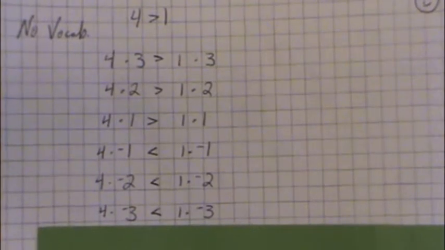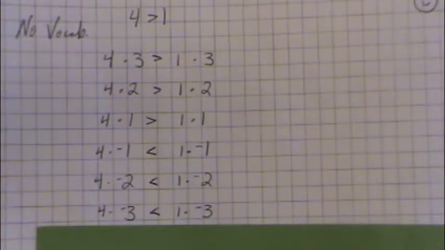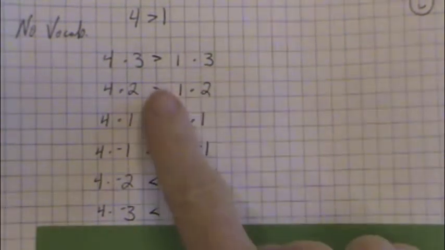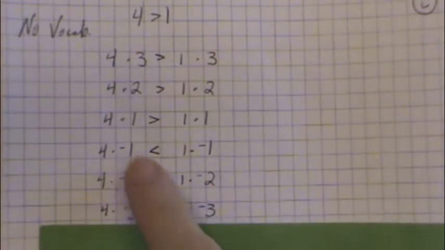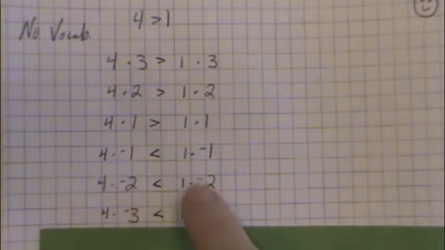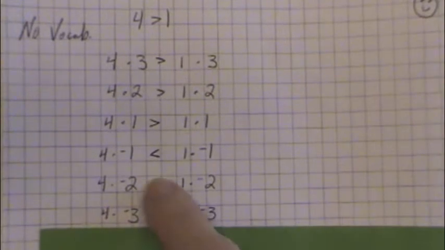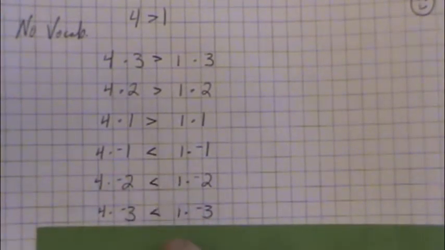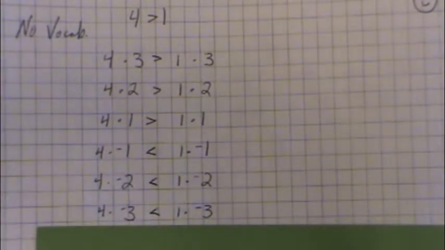So what was the purpose of this exercise? When you are working with an inequality, when you multiply or divide both sides by a negative, you have to flip your inequality. And that's what we're going to practice in this chapter.